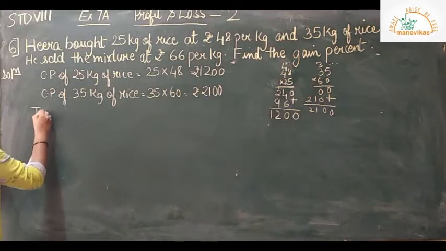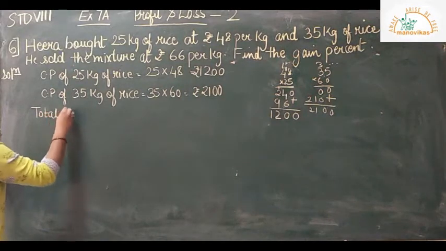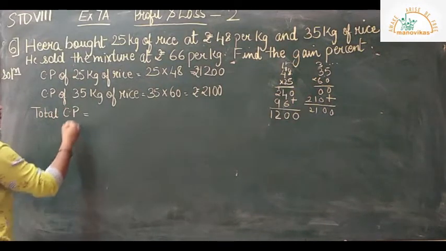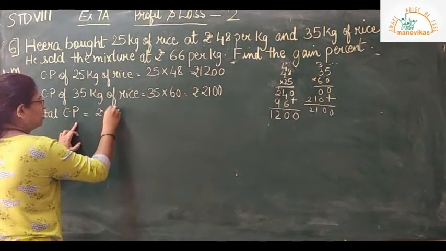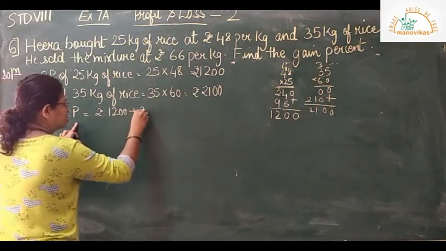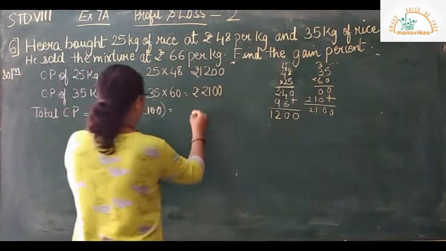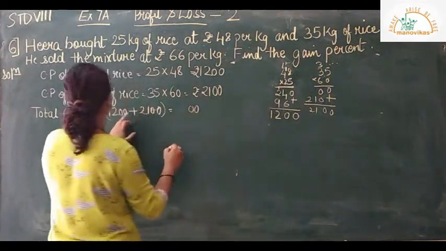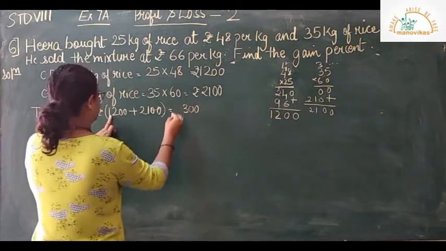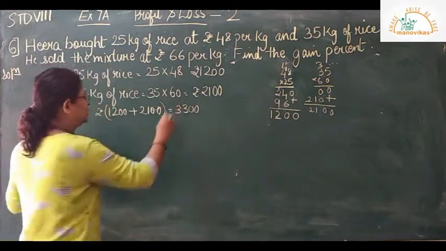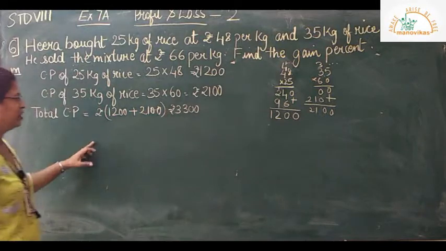Now let us find the total cost price. So total cost price is equal to rupees 1200 plus 2100. So that comes to rupees 3300.